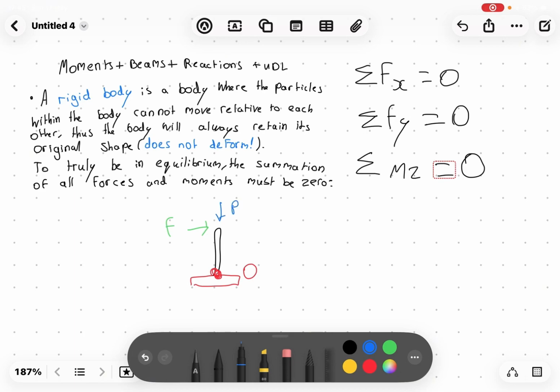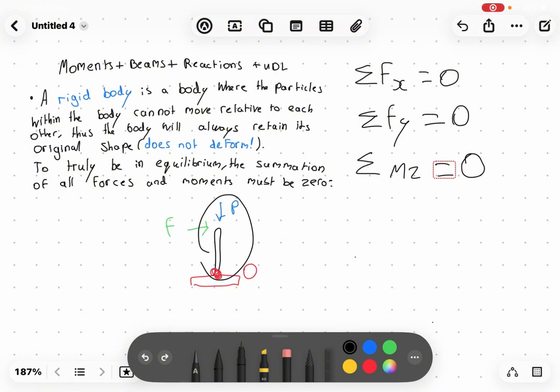So this is a moment. The force that acts horizontally doesn't create a moment, it just compresses it.